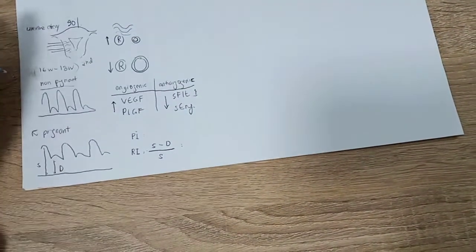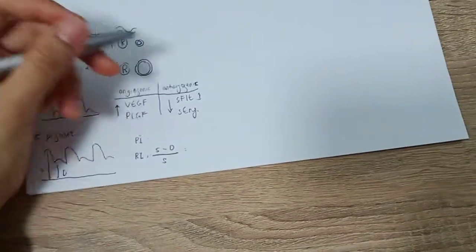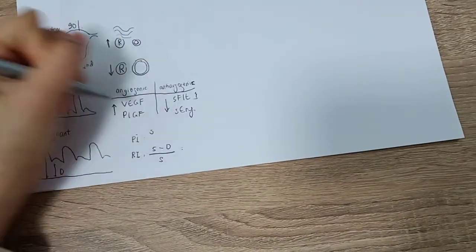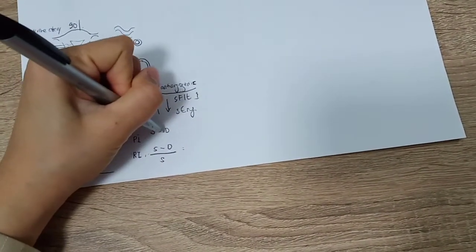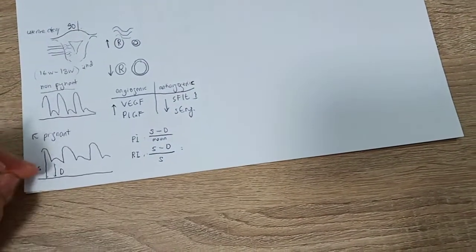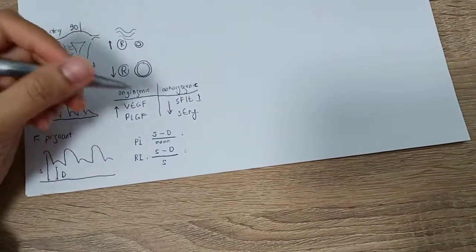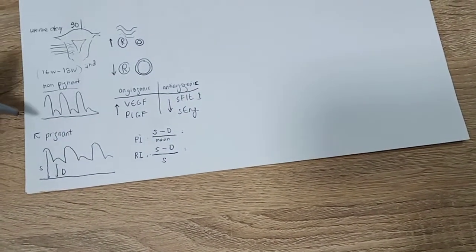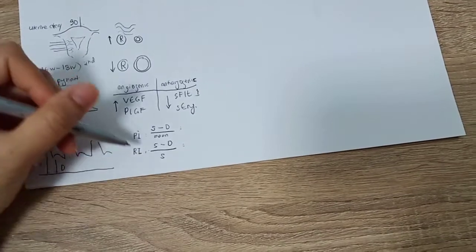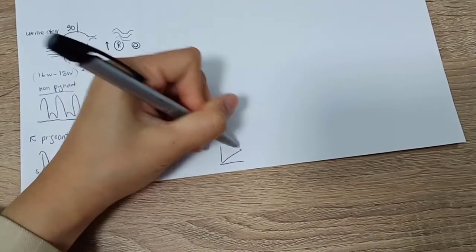The PI is a little bit different, where we want to see the pulsatility index of the vessels. It's the systolic minus the diastolic divided by the mean velocity during each cardiac cycle. So in a non-pregnant woman, the PI and RI are usually linearly related.